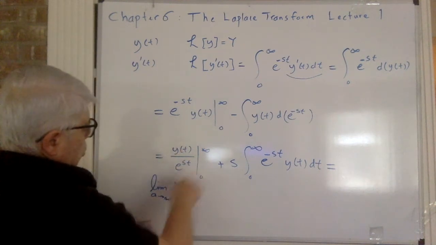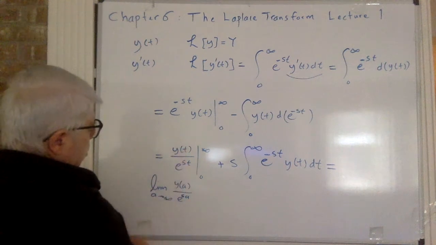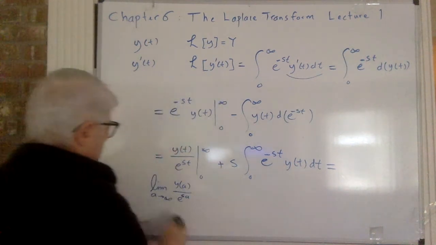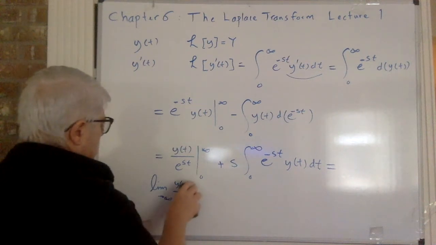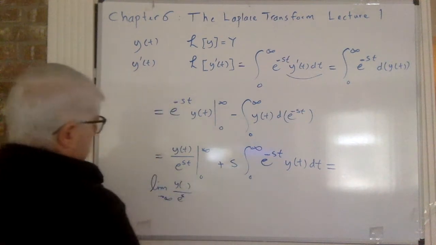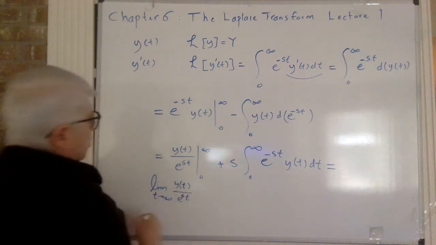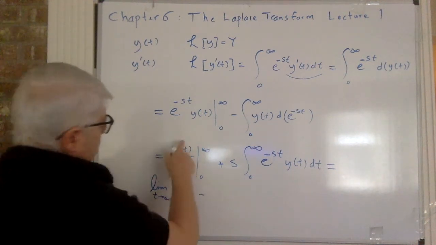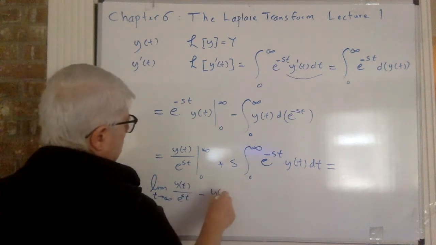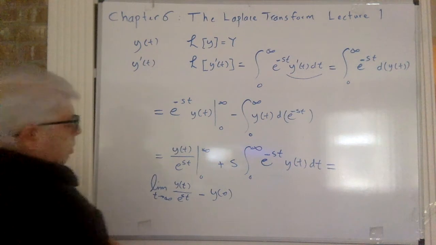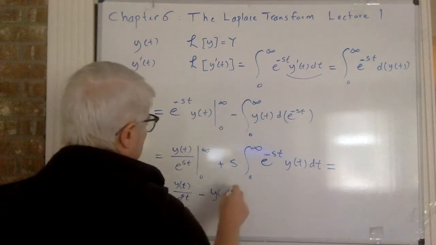Right? When t goes to infinity, just put some a here. Well, I can just use t. Why should I use anything else? So let's just write t. So t goes to infinity, y(t) over e^st, minus y(0), in fact, because e to the power 0 is 1. So that is for the first part.